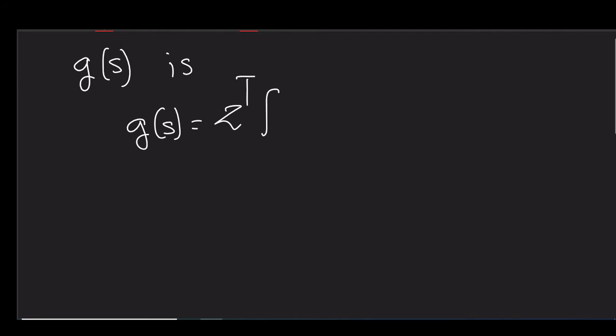Again, let me define G of S, that is Z transpose f of t comma gamma S.